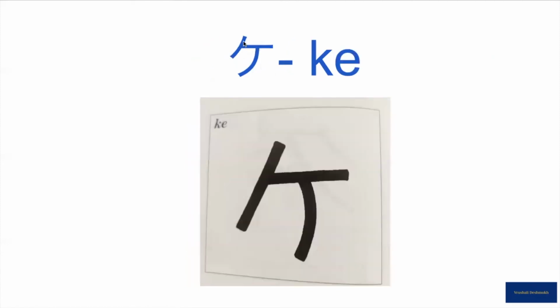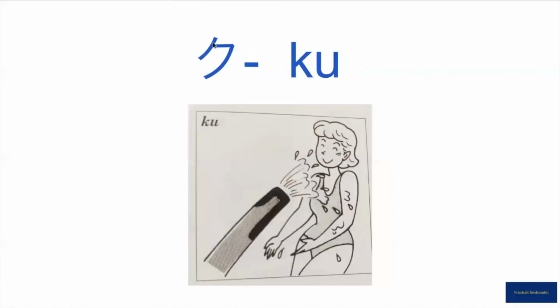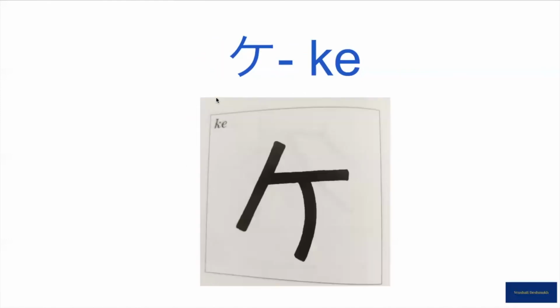The next one is ke. Now you can relate it to the English letter K, but the orientation is slightly different. This is ke. And if you observe, ku and ke are quite similar, but in ke this stroke is extended.